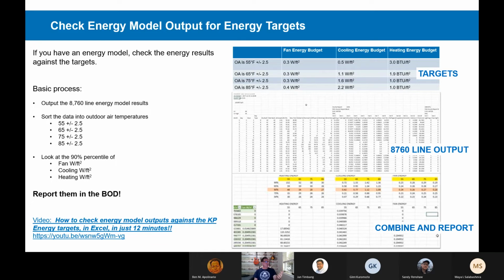So you take those results and sort them into fan power and cooling power and heating power and sort them by outside air temperature and then simply report them in the basis of design. What's the fan power at 55 degrees? What's the cooling power at 75 degrees? What's the heating power at 65 degrees, et cetera, et cetera. Just list them. It's that simple but not easy, right?